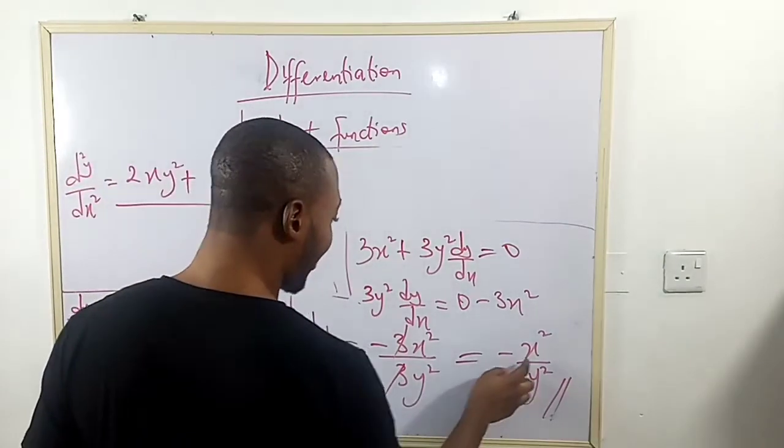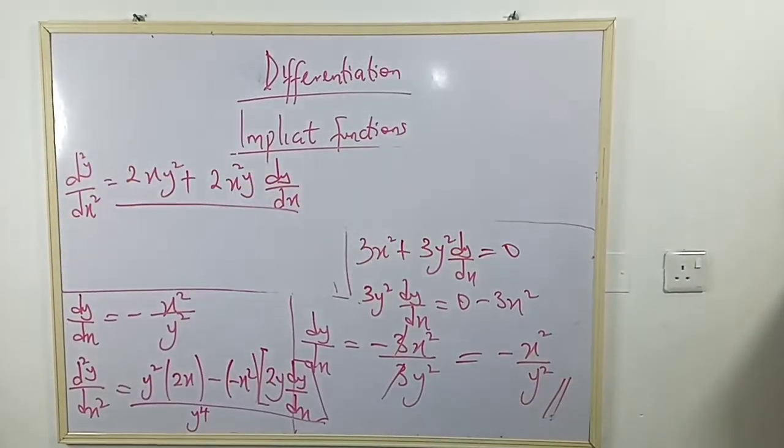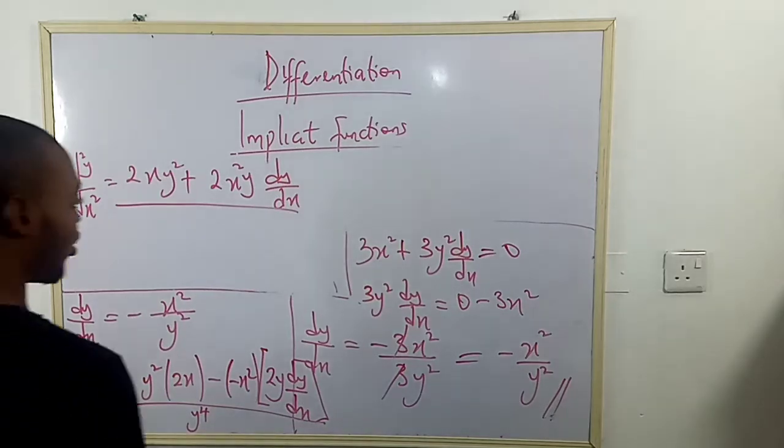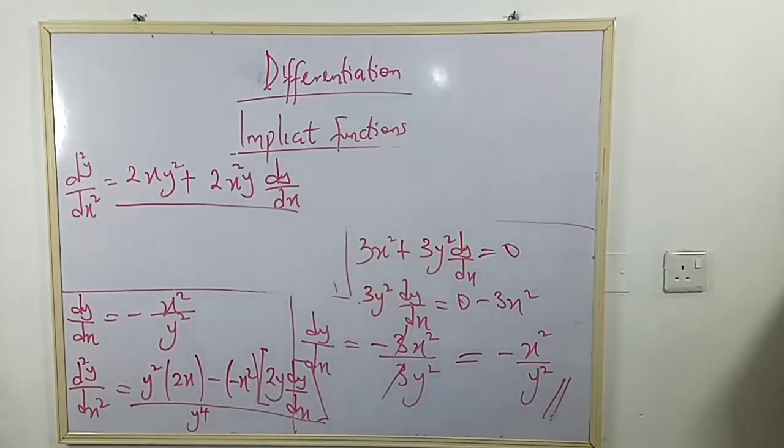So from here now, dy/dx will be equal to, sorry, minus this. So d²y/dx² will be equal to all this.